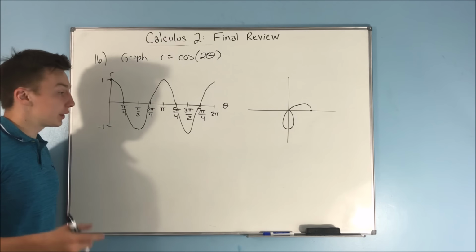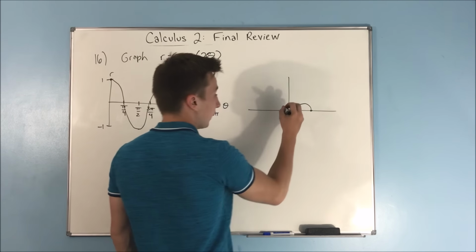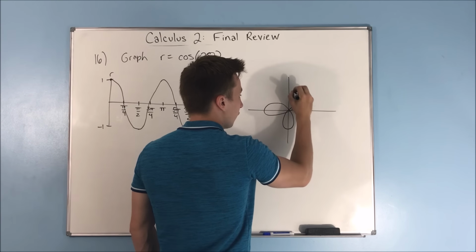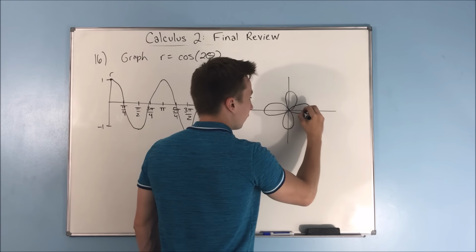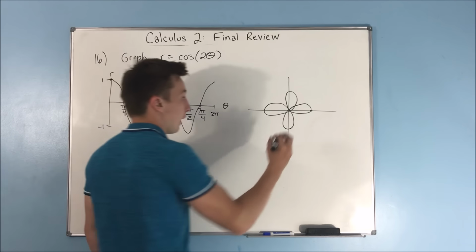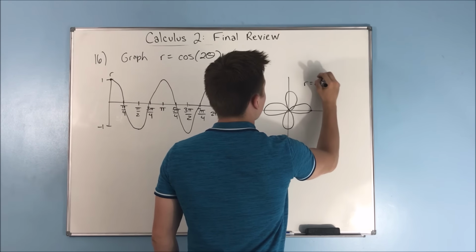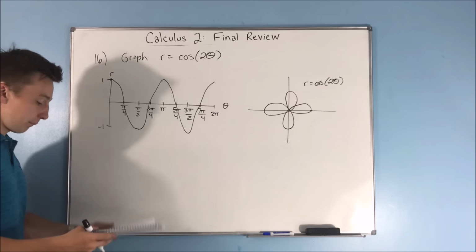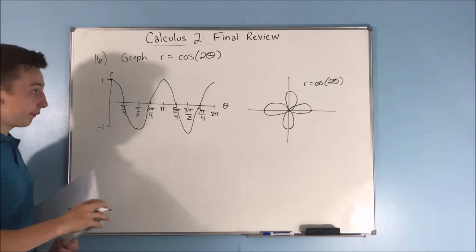And you can just keep following this pattern. Once you get the hang of what this graph will look like, you can just keep going. And right there you have it. That is r equals cosine of 2 theta.